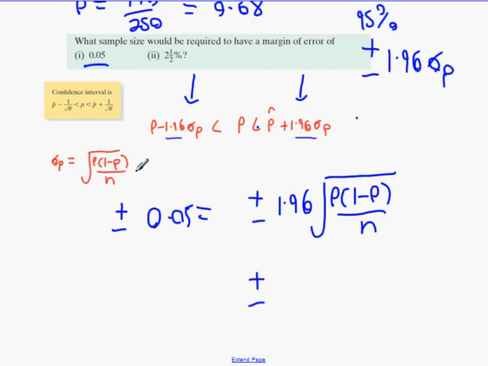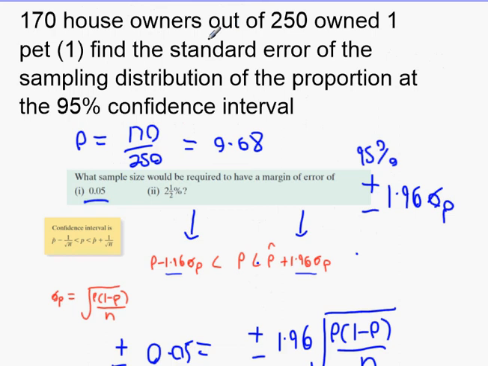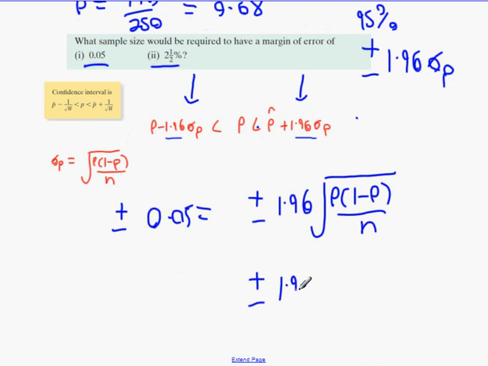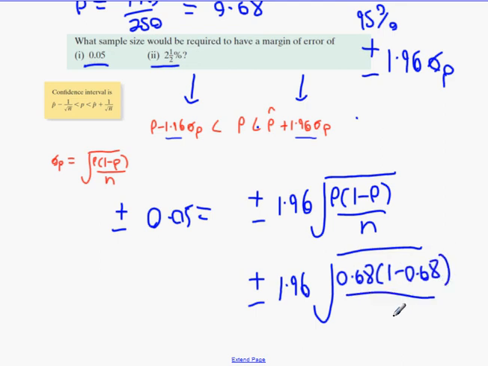In the first question we had no information about our p-value, but we've already been given p-value information up here. So we're going to have 1.96 times the square root of, what did we say it was again, 0.68 times 1 minus 0.68 all over n, and that's going to equal 0.05.